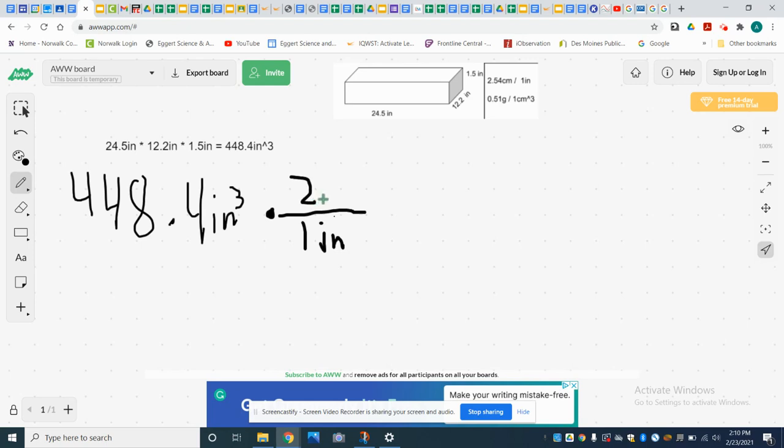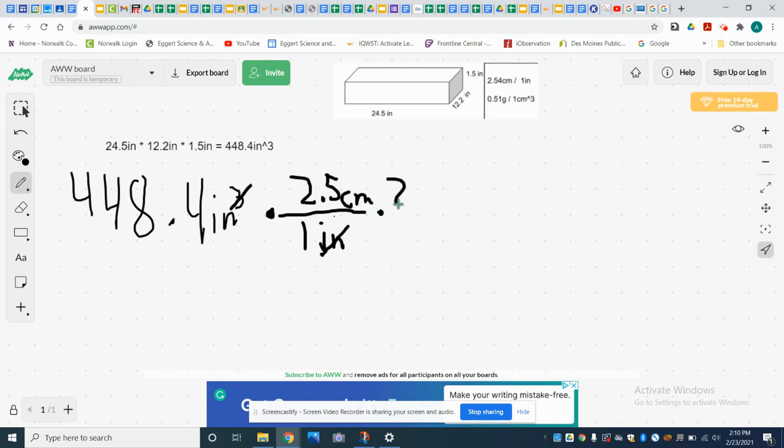And I'm just going to round it to make it easier, 2.5 centimeters in the numerator. But remember, this inch in the denominator is only a length. The inches cubed is a volume. So this denominator inch only cancels one of the inches in the numerator back with the 448. There's still square inches in the back.